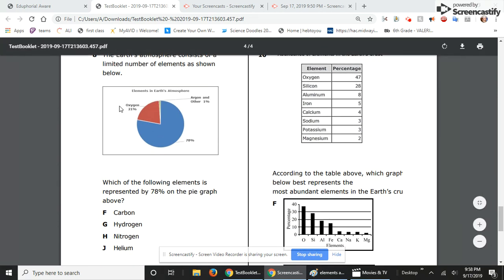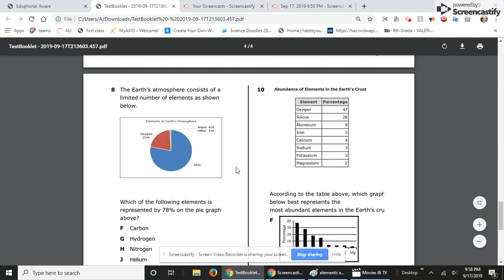All right, number 8. The Earth's atmosphere consists of a limited number of elements as shown below. So we have a pie graph here, and the title says Elements in Earth's Atmosphere. The blue is marked with 78%. The red is marked with oxygen, 21%.